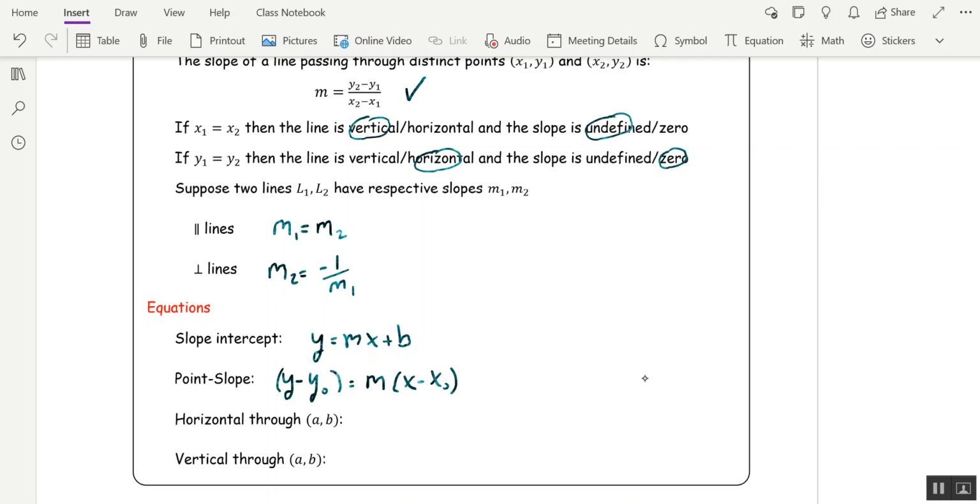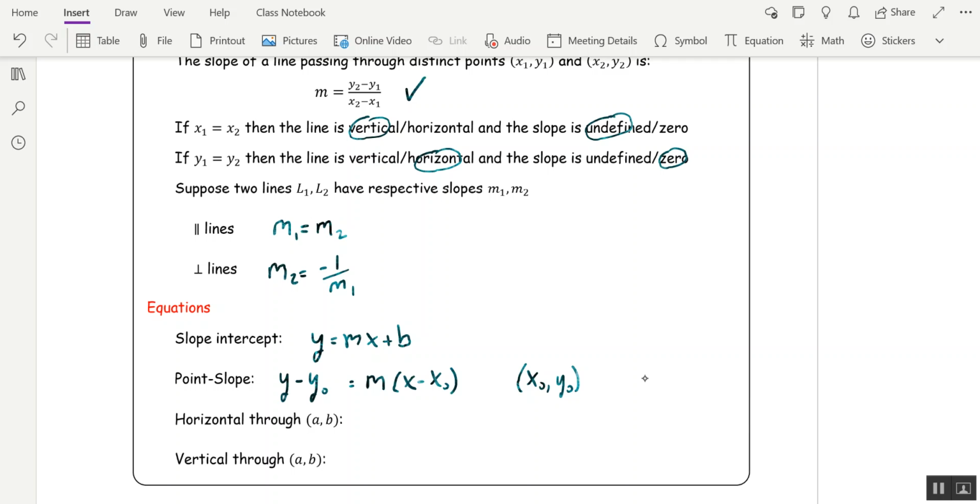You really don't need parentheses around the y minus y naught on this side. And here, m again is the slope, and x naught, y naught is any point on the line. And typically we'll use this form to get to the slope-intercept form. If you solve point-slope for y, you get slope-intercept.